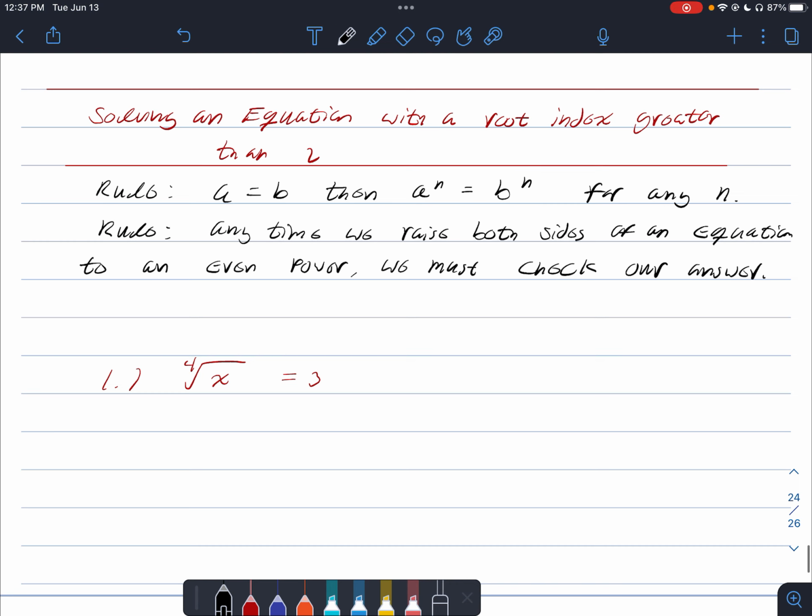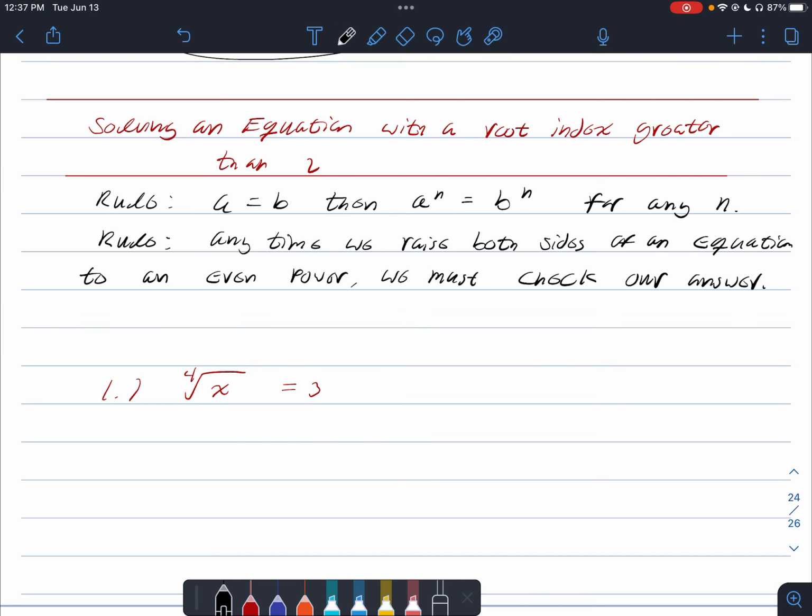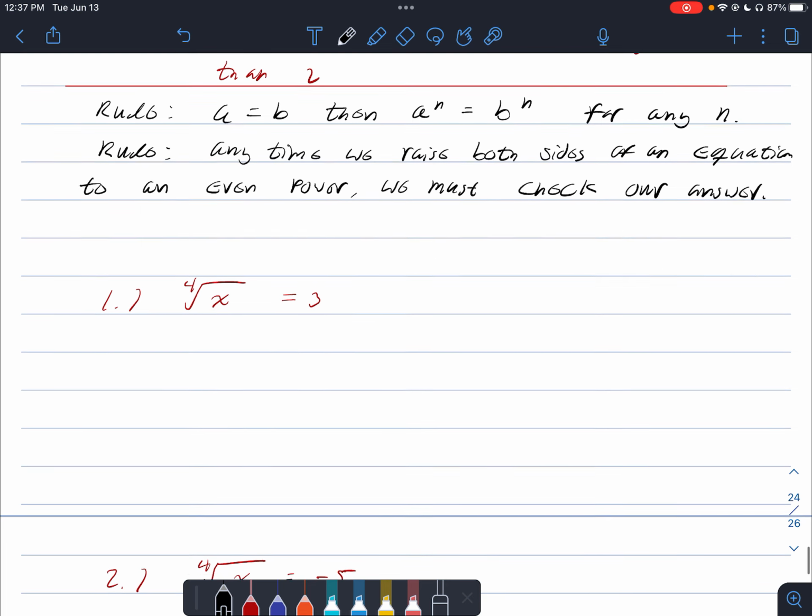This is really important because if you raise it to an even power, you may end up in a situation where you have no solution. And we'll see an example of that here in just a couple of minutes.